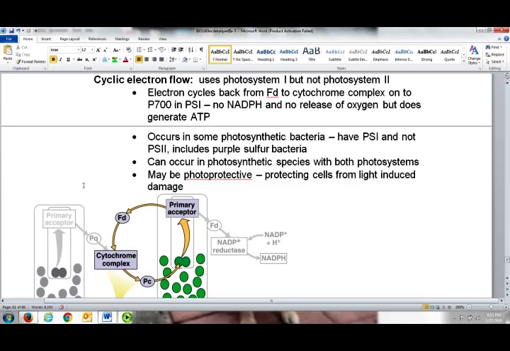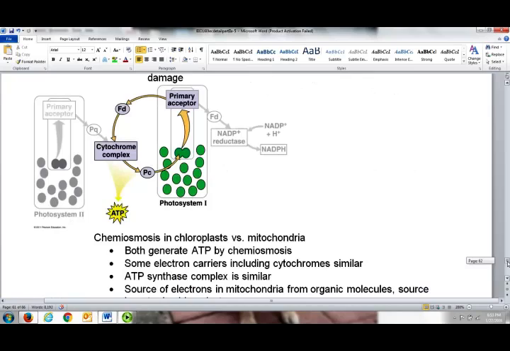There's no NADPH and no release of oxygen, but it will generate ATP. So this is done by some of the photosynthetic bacteria, also with the purple sulfur bacteria.